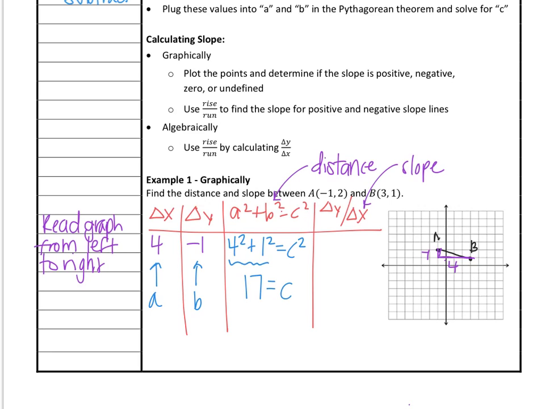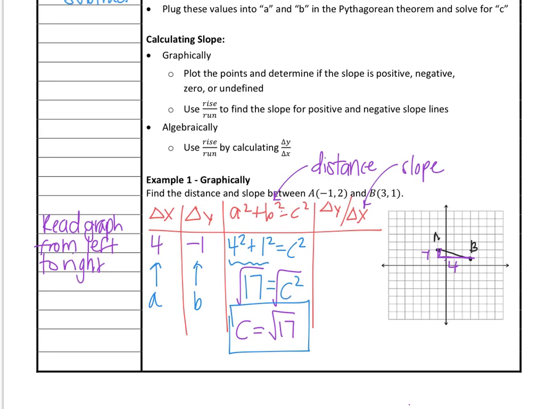We get 17 equals C squared, and then we undo squaring by taking the square root. If you have a nice square root like square root 25, write down the value. If not, leave it as C equals square root 17. If it's a number that can be broken down, we break it down. However, this one can't be broken down. There's no perfect square that goes into 17. So we leave our answer as C equals square root 17.